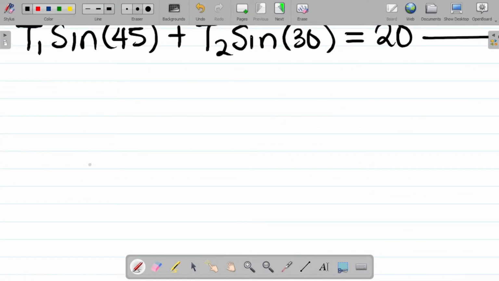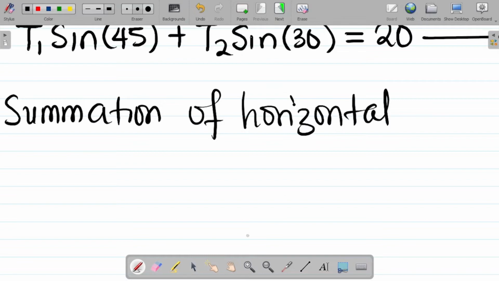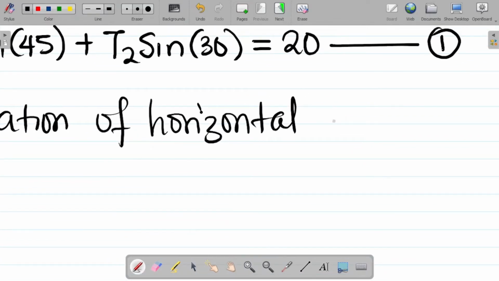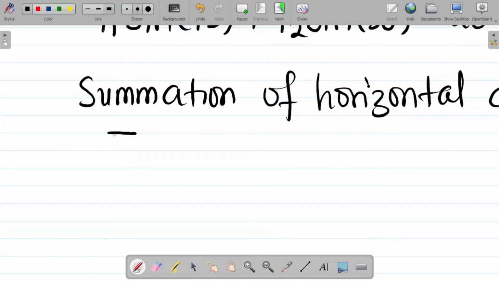Let's look at horizontal components. I'll say summation of horizontal components, sigma F, that's force, horizontal is x, and of course this will be equal to 0.